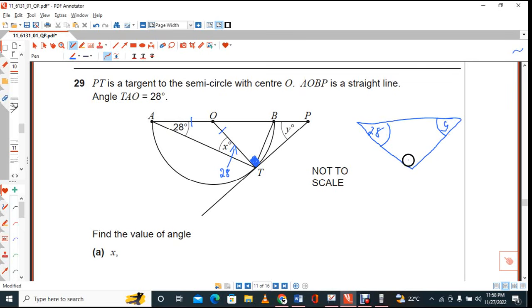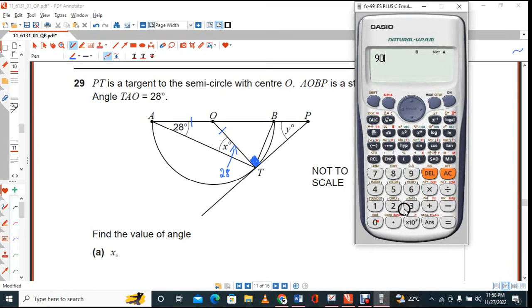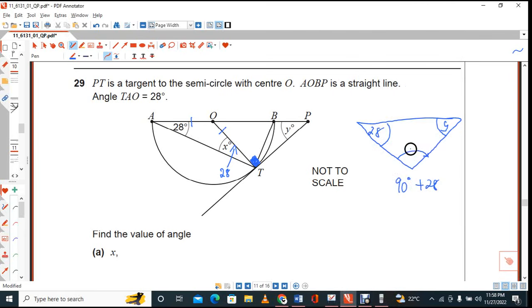This angle here should be 90 degrees plus the 28 degrees, so that gives you 118. That is this angle all the way over here.